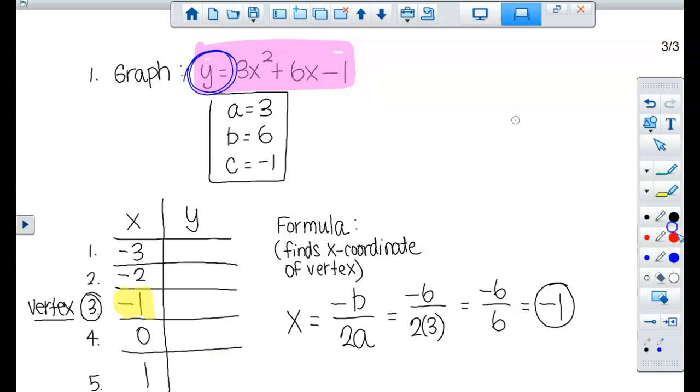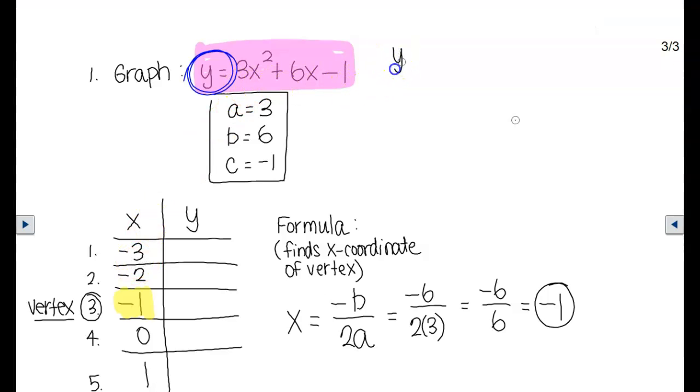So to figure out the y values that go in this table, we're going to take these x's that we have now and plug them into this equation. So first we're going to take negative 3 and plug it in for these x's. So that'll give us y equals 3 times negative 3 squared plus 6 times negative 3 minus 1.